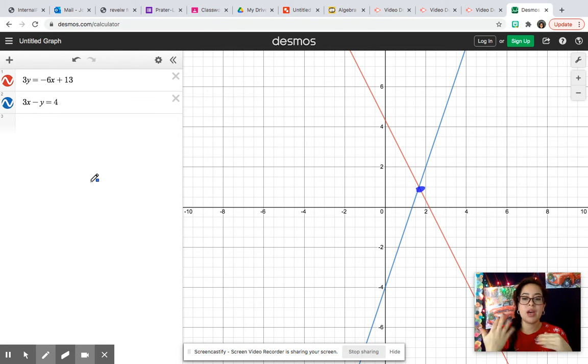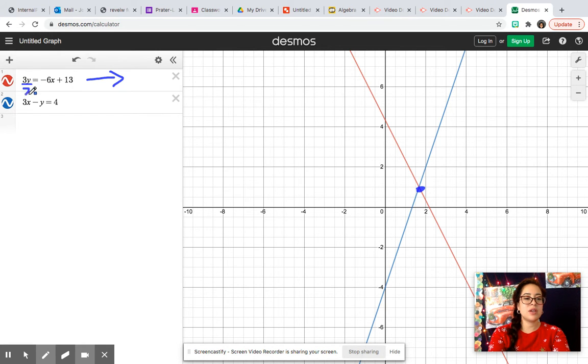So I'd get into the practice of rearranging everything before you put it into Desmos, so that when you go back to school, you won't be shocked wondering why your calculator isn't working. In our TI Inspires, I highly suggest that you rearrange everything.